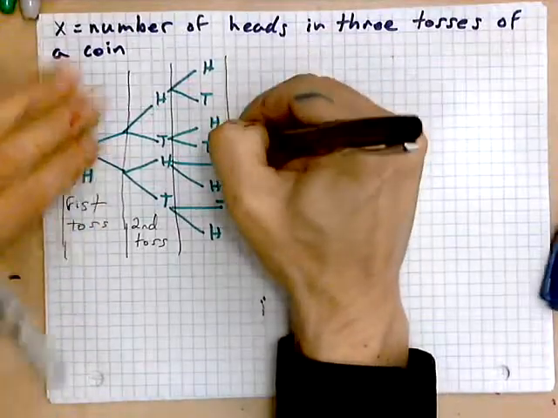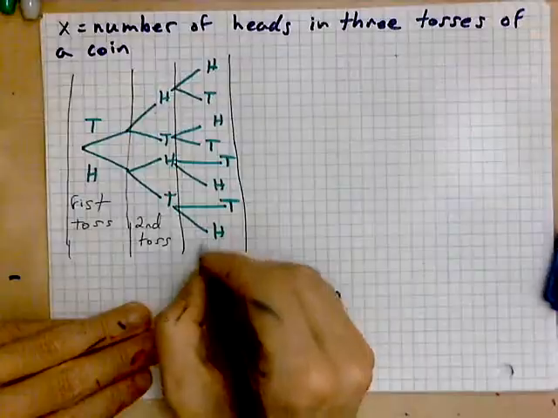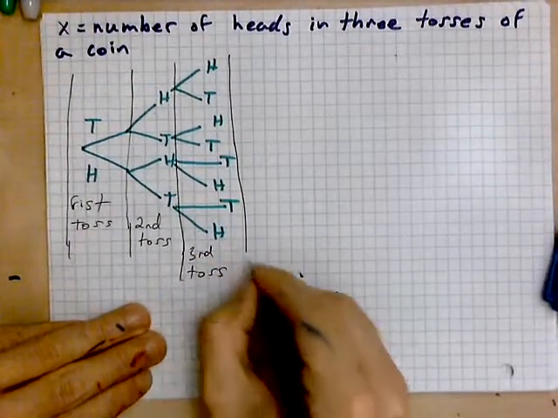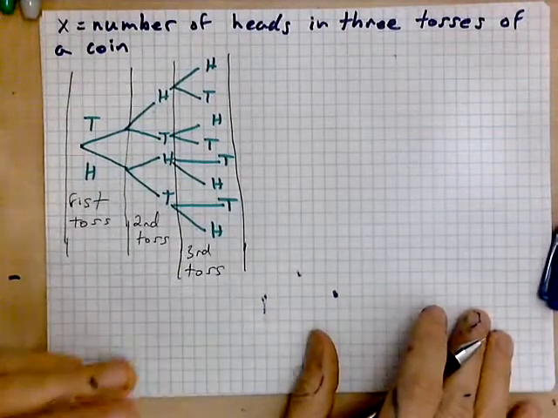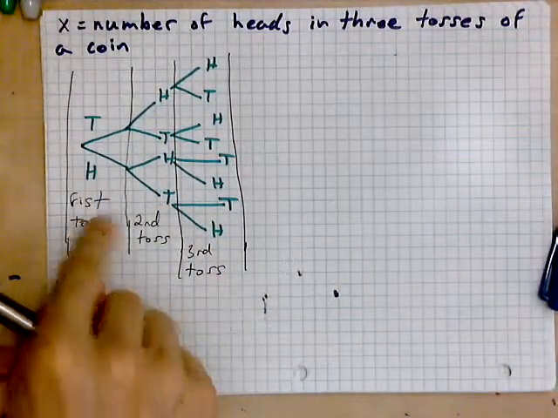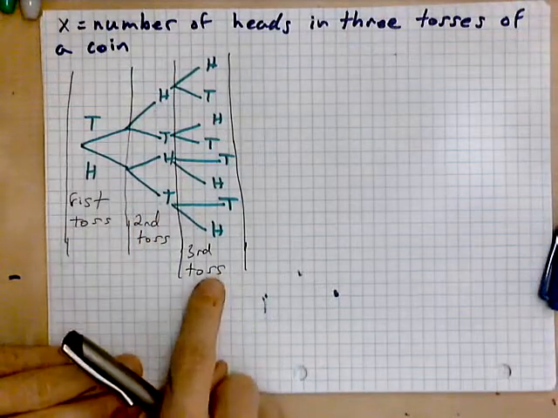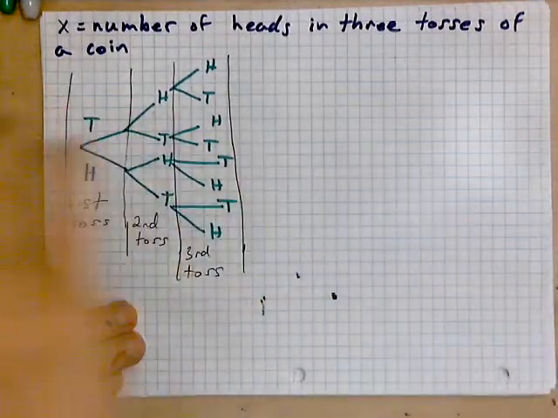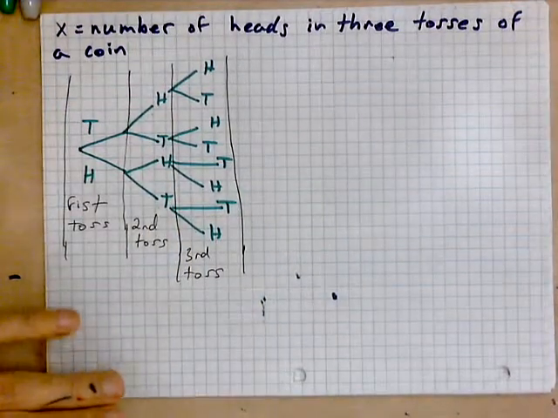And then these represent the options on the 3rd toss. Okay. So we're tossing a coin 3 times, options on the 1st, 2nd, and 3rd. Now we're actually going to list all of the options in sequence.